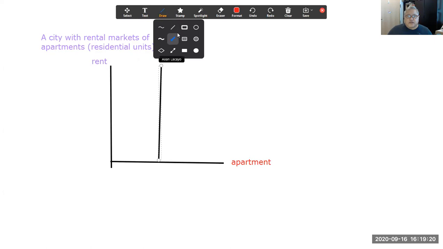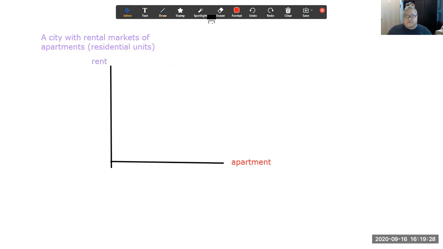The reason why it would be nearly vertical is because it's nearly impossible to build apartments overnight. It takes a long time to build apartment buildings and apartment units. It takes years to build such units. So it's very difficult to see more supply or less supply overnight.